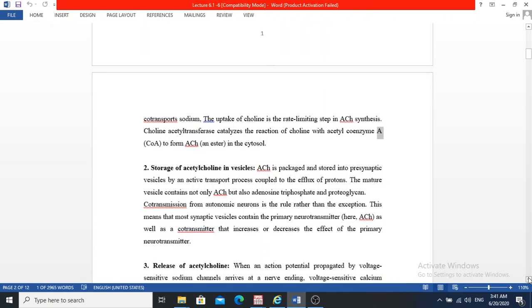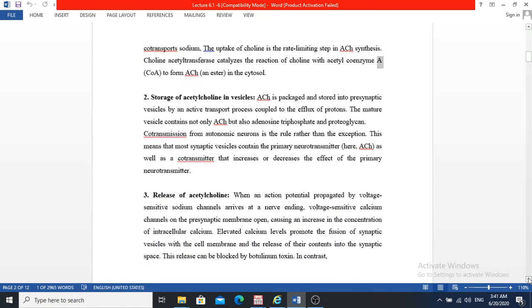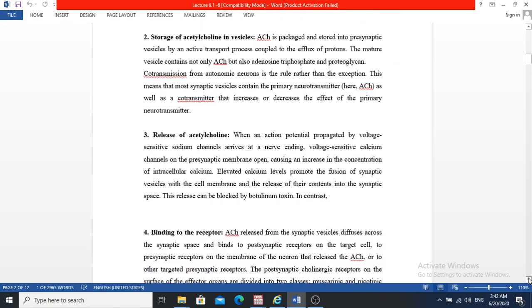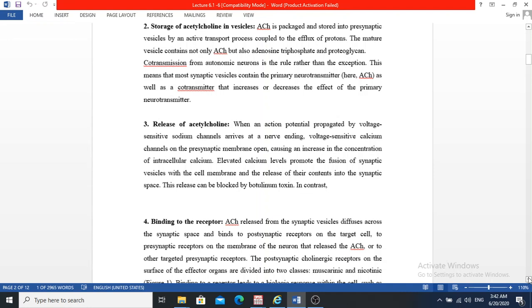Release of acetylcholine comes when an action potential arrives at the nerve ending. Voltage-sensitive calcium channels on the presynaptic membrane open, causing an increase in the concentration of intracellular calcium.